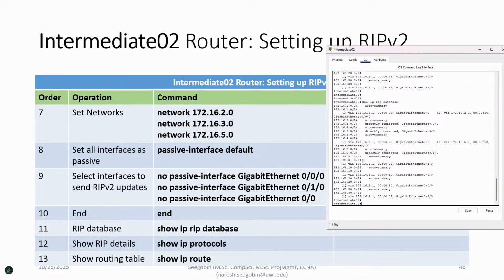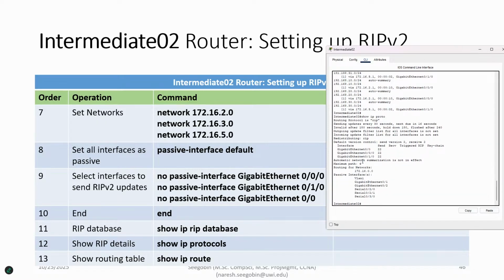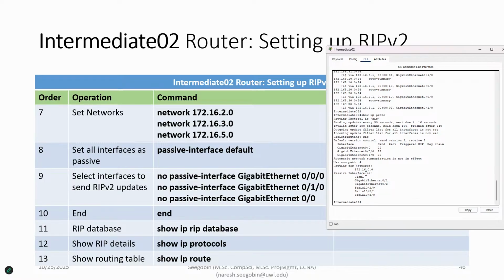Right. Show IP protocols again. RIP routing for the networks. And then show. I'm not seeing.